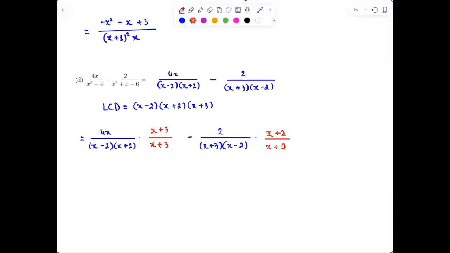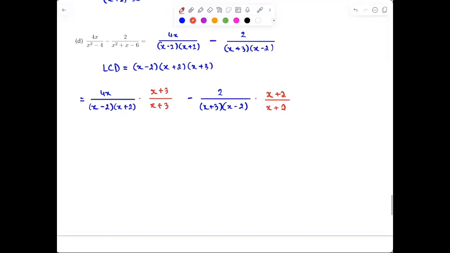Now you have the same denominator, just combine the numerators together. So (x minus 2), (x plus 2), (x plus 3). The numerator is 4x times (x plus 3) minus 2 times (x plus 2). Okay, simplify the numerators.